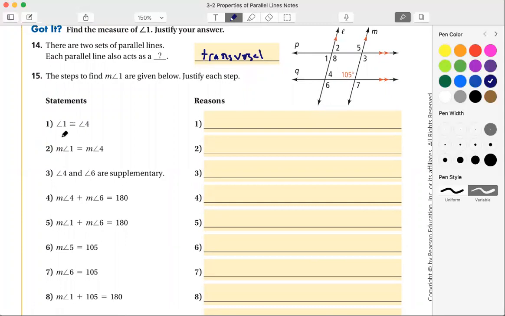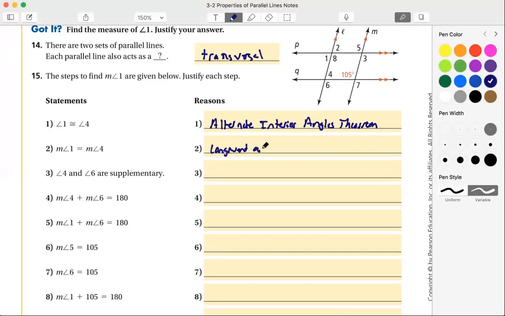Why are 1 and 4 congruent? 1 and 4 are congruent because they're alternate interior angles. Again, angles are congruent, measures are congruent.